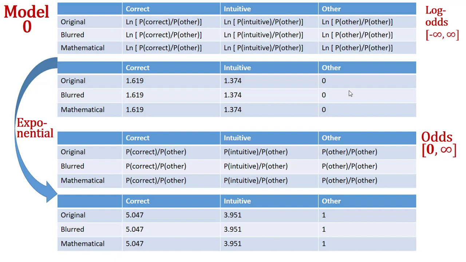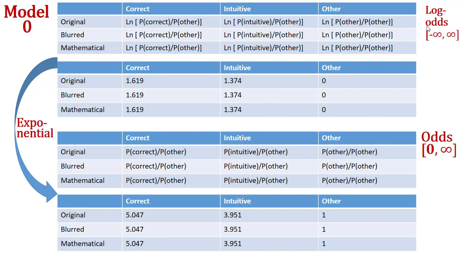Let's start by saying that because the response variable, the dependent variable, is nominal, we cannot use a linear model. So instead we use a linear combination of the independent variables to make a prediction of log odds.